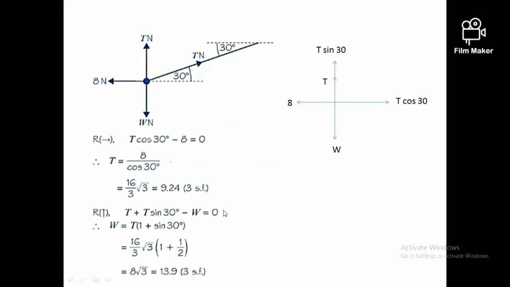Minus W equals 0. Then we know the value for T. T is how much, children? T is 16 root 3 over 3. If you substitute 16 root 3 over 3 and 1 plus sin 30, which is half, or you can just substitute 16 root 3 over 3 over here and simplify, then you will obtain the answer for W as 8 root 3, or 13.9, correct to 3 significant figures.